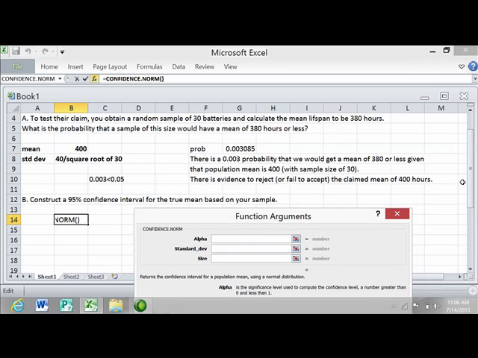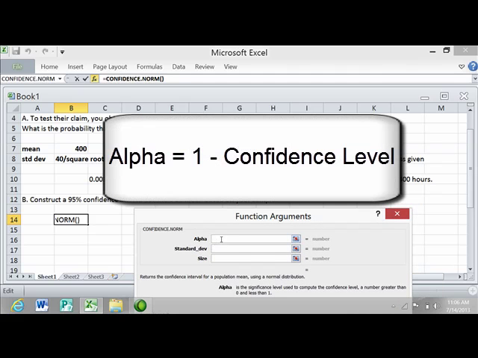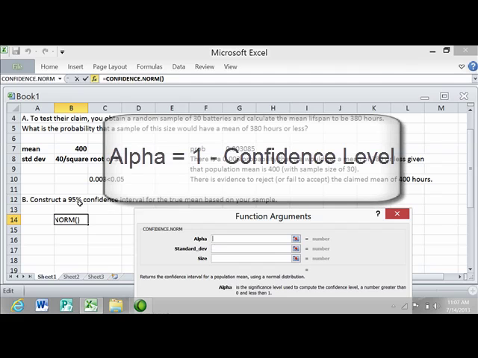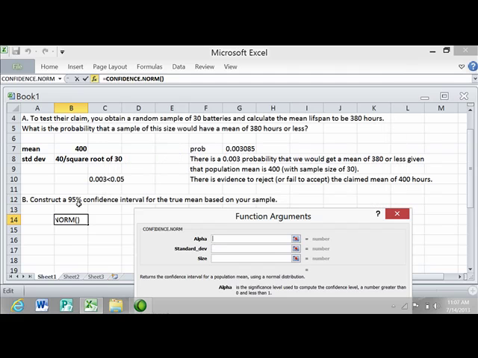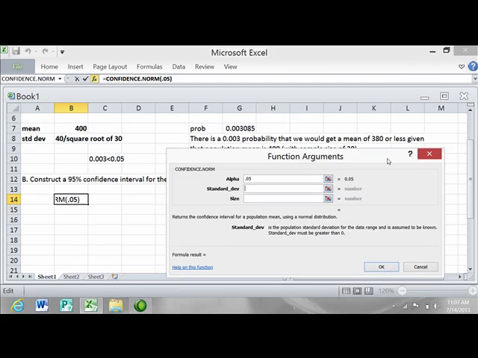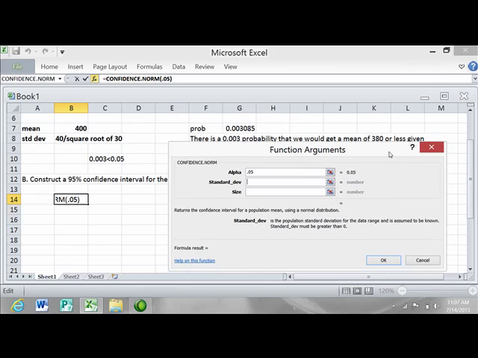This is very important here. Alpha is 100% minus the confidence level we want. We want to be 95% confident, so alpha is going to be 5%, or 0.05. For the standard deviation, we have to read this. Before, we had to put in our standard deviation adjusted for our sample size.